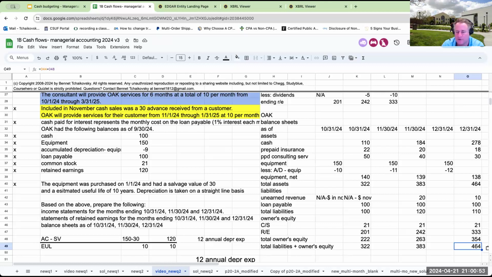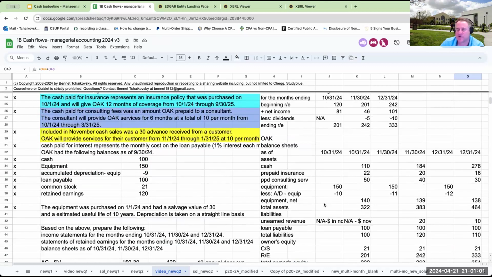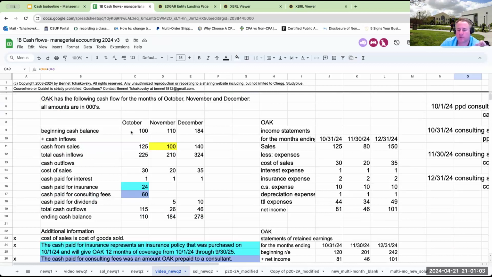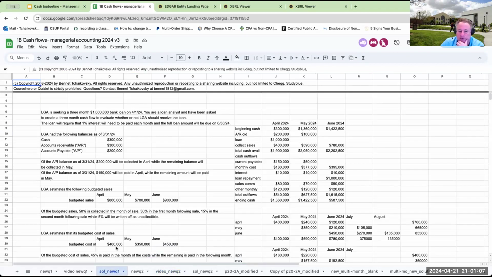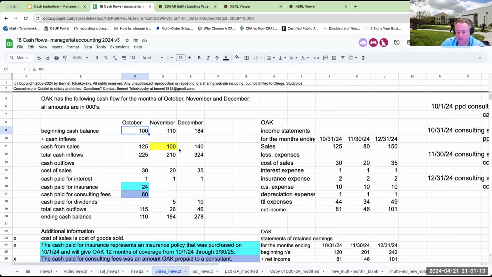The unearned revenue is always fun, but that's kind of what this looks like. You're not going to have to give any kind of opinion or anything else, but just remember, this is going to take you some time, but also remember to use this for the other question, which is this one over here, because this cash flow that we went through and did on the other problem, you can follow this format right over here.